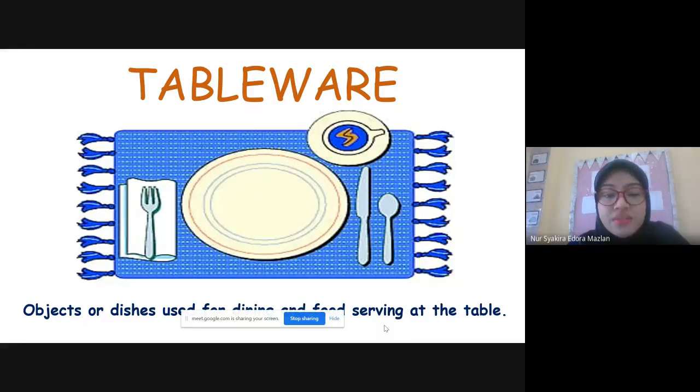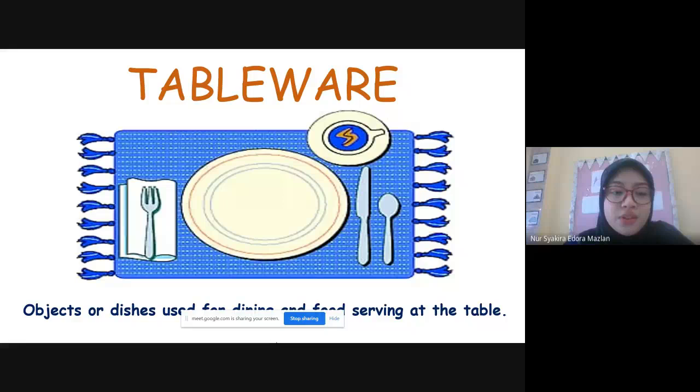Like us, for the Malays, instead of using fork and spoon, we use our hands a lot. Okay, we use our hands following the sunnah of our prophet.